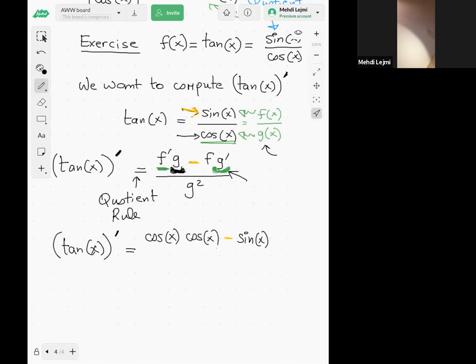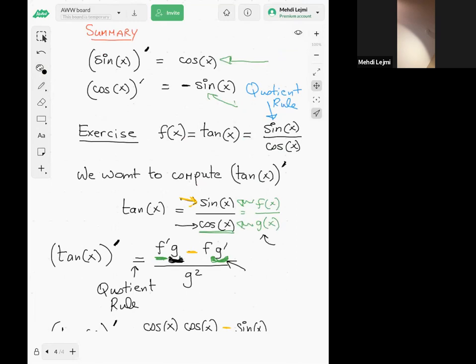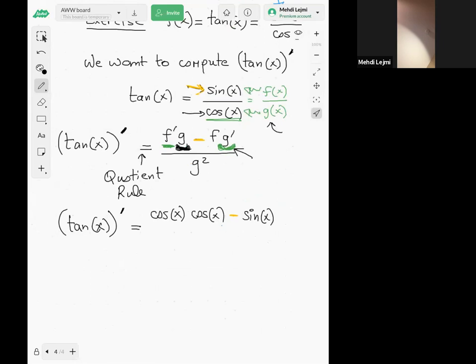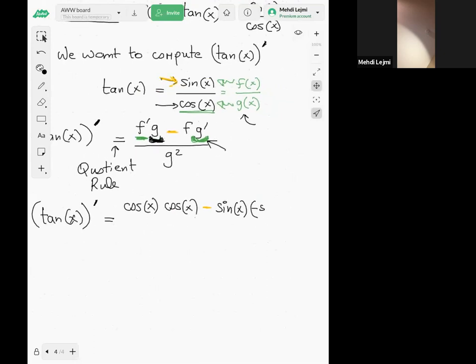The derivative of cosine is minus sine, so this is minus sine of x. The whole thing is divided by g squared, and g is the cosine, so it's cosine squared of x.